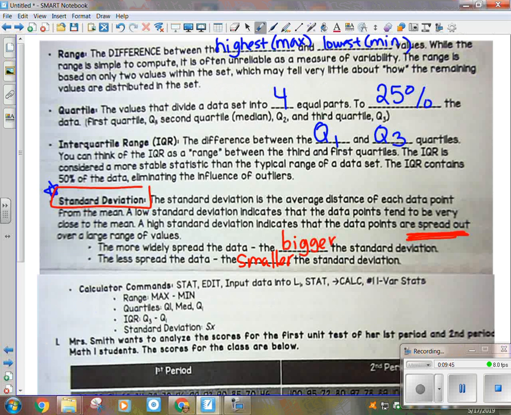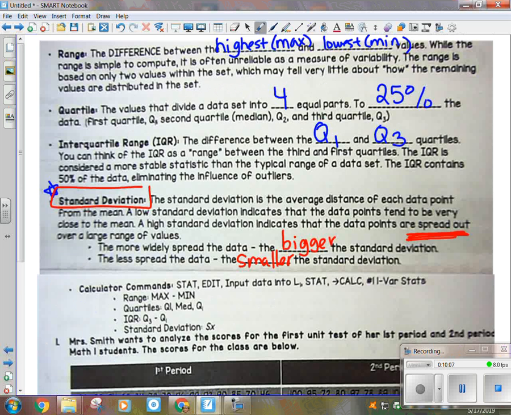Have you ever heard statistics quoted in a paper or online or after a poll, where it may say the results of this poll are plus or minus 3 percentage points, something like that? Well, if you ever hear that the standard deviation of this poll is plus or minus 2 points, that's pretty small.